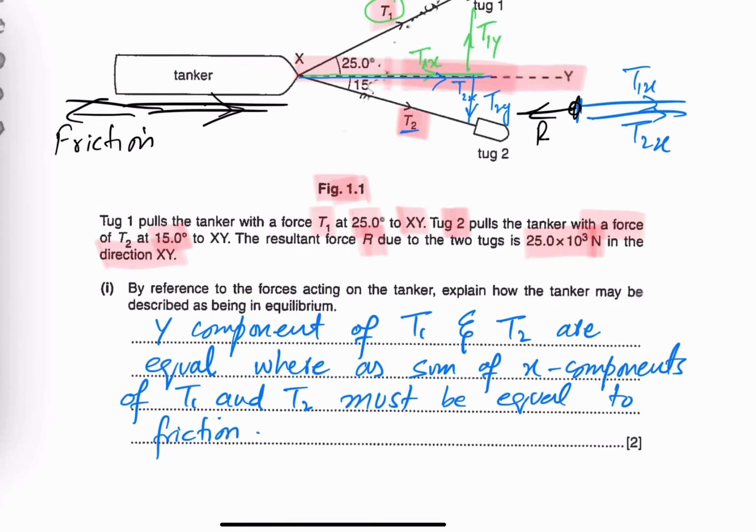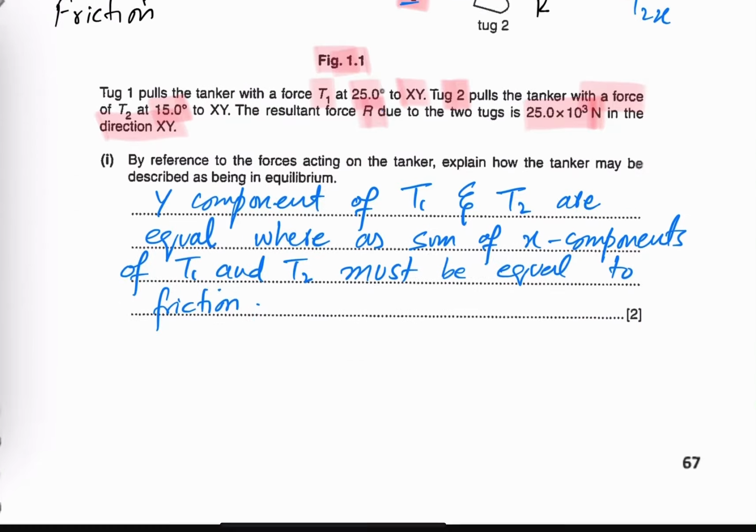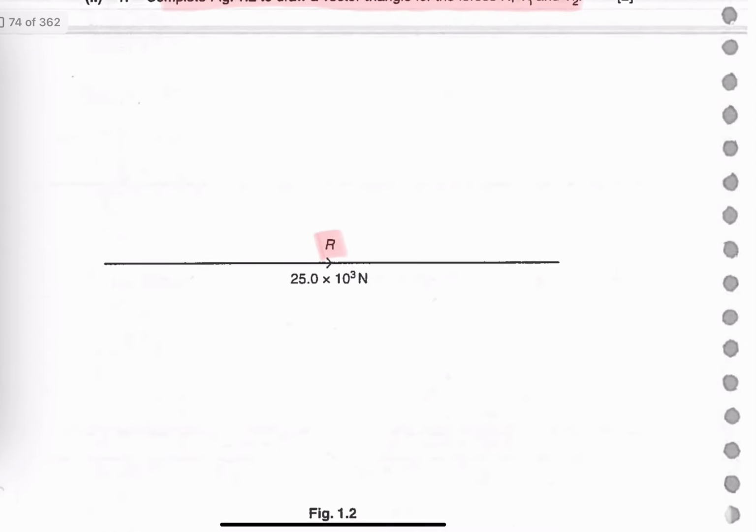Magnitude is not given, but the angle is given. So let's start T1 at this point. Its angle should be measured with the help of a protractor, 25 degrees. I am making it approximately 25 degrees, so it will be like this. This is T1 at the angle 25 degrees.